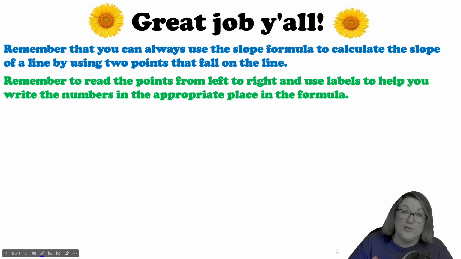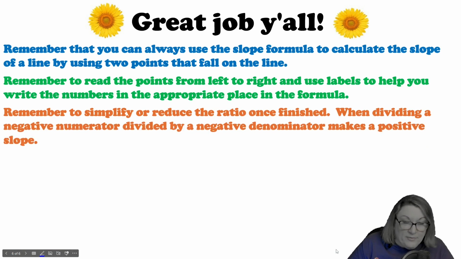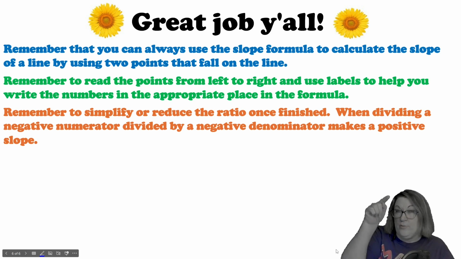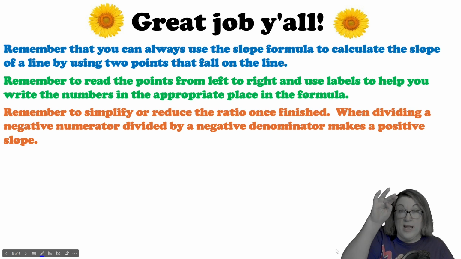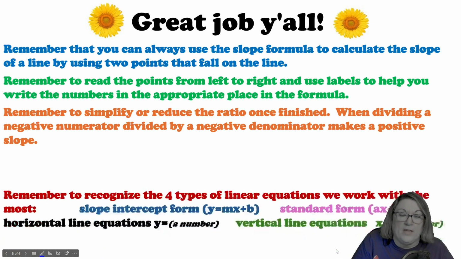So label your first point x1, y1, label your second point x2, y2, and place them in the appropriate spots in the formula. Remember to simplify or reduce the ratio once you're finished. When dividing a negative numerator by a negative denominator, it'll make a positive slope. So remember, if you get one negative in your ratio, the whole slope is negative. But if you have a negative on the top and the bottom of that ratio and you divide it, you're going to get a positive. So just make it a positive.